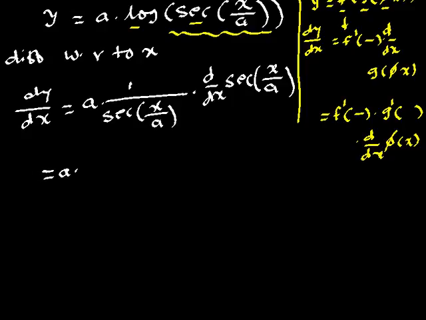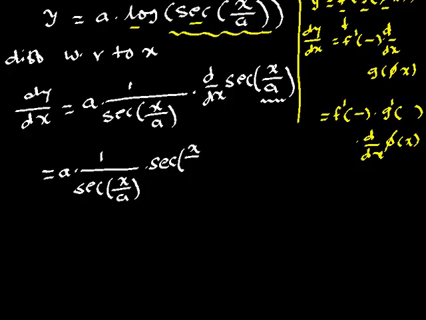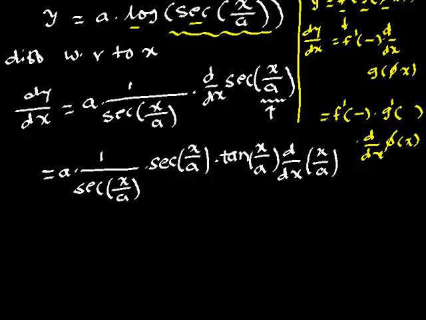That will be a into 1 upon sec of x upon a into the derivative of sec x, which is sec x into tan x. So sec x upon a into tan x upon a, and again the derivative of the third function, x upon a. So first the derivative of the outermost function, second the derivative of the second function, and lastly the derivative of the third function.